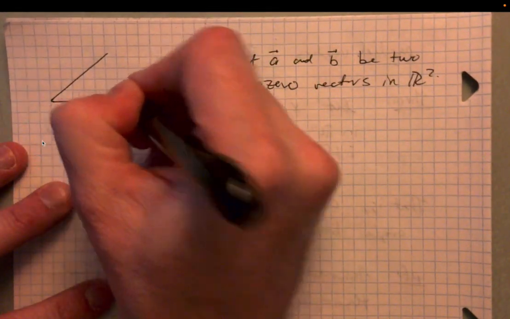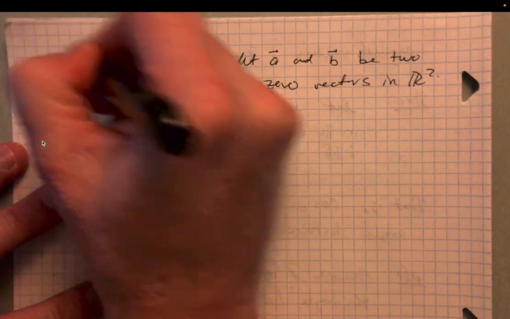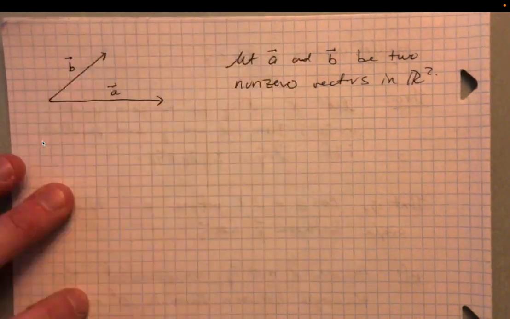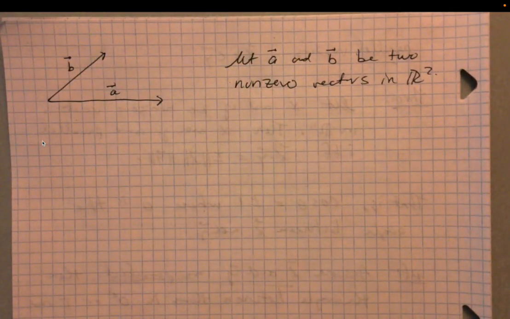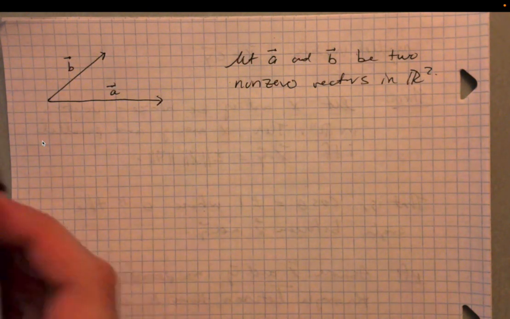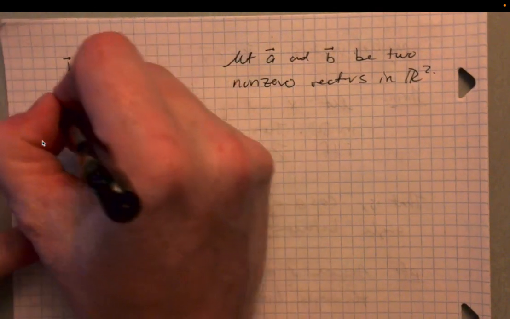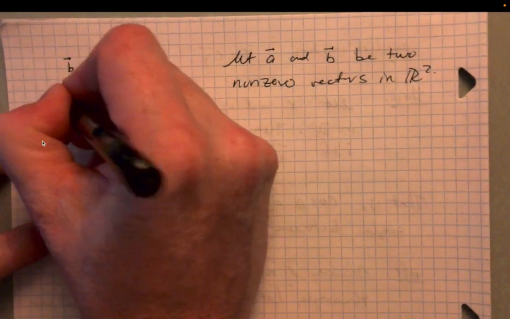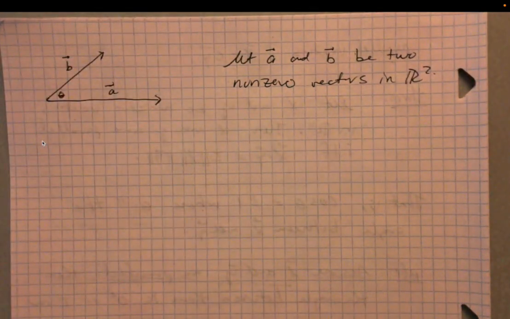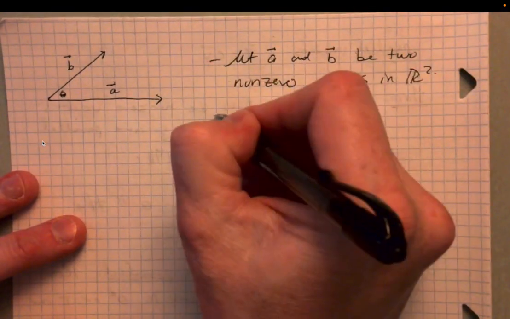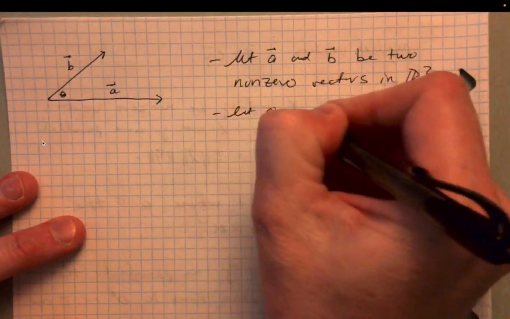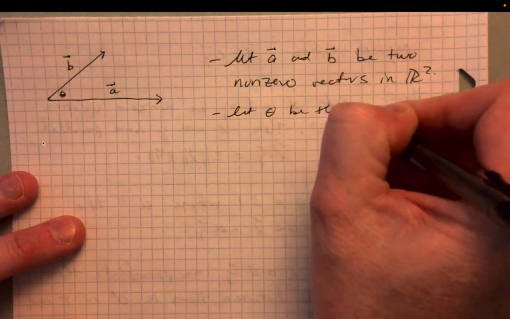This one is A, and this is B. Let's say that they have the same initial point, and there's some angle theta between them. So we've got A and B, non-zero vectors, and we'll let theta be the angle between them.